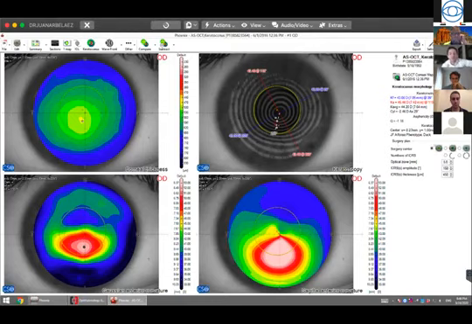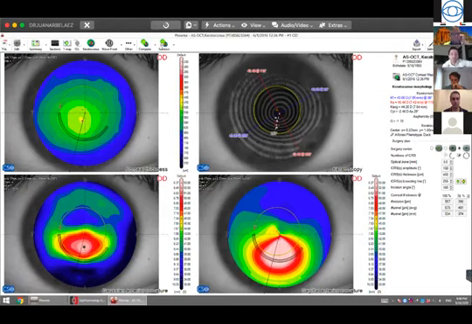It's very useful because, as I was saying, you can check the location where the ring is going to be implanted. We have the pupil center. We can centrate the ring using as reference the pupil, the limbus, or the corneal vertex. And we can decide to implant 1 or 2 rings, as you will see appearing in the picture.